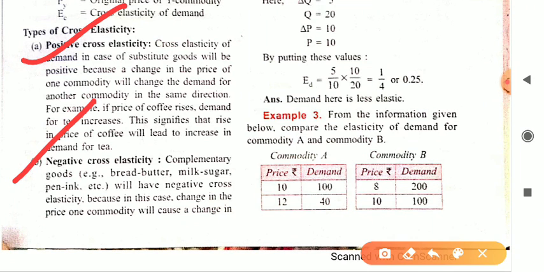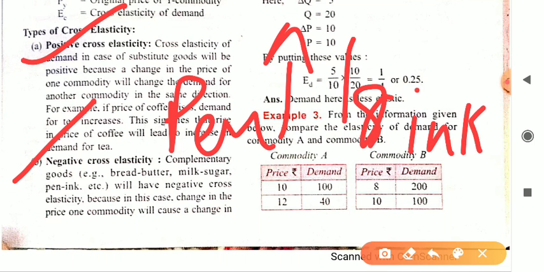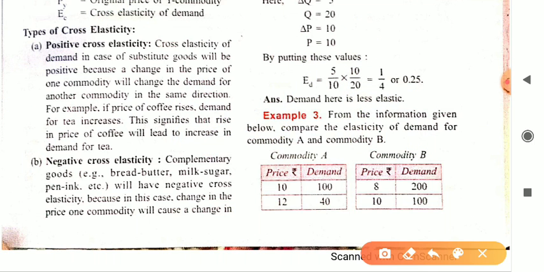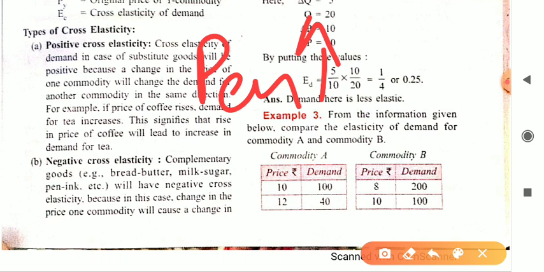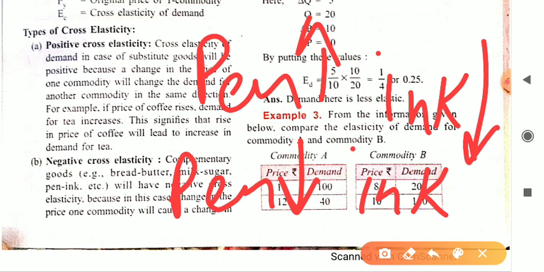For example, if the price of pen increases, then quantity demanded of ink also, sorry, decreases. When the price of pen increases, the quantity demanded of ink decreases, and when the price of pen decreases, the quantity demanded of ink increases.